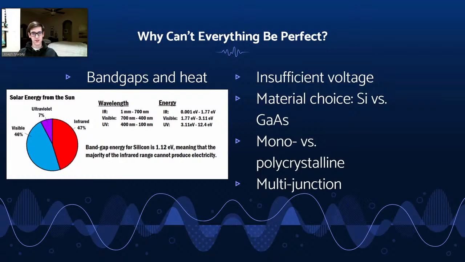Or you can use substances that have different band gaps, or substances that absorb light that the other semiconductors wouldn't. So more photons absorbed overall, so more mobile charge carriers, more potential for current.